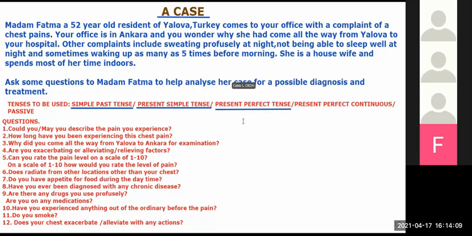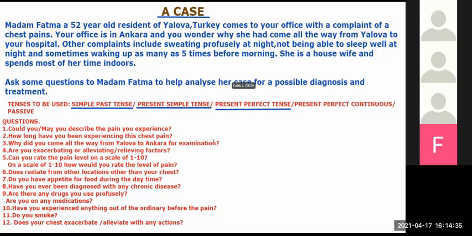Now, let's add extra information to Fatima's case, all right? We have learned: why did you come all the way to Ankara for examination? What could be the reason why a person could come all the way from here? May you answer like Fatima? Why did you come all the way from Yalova?